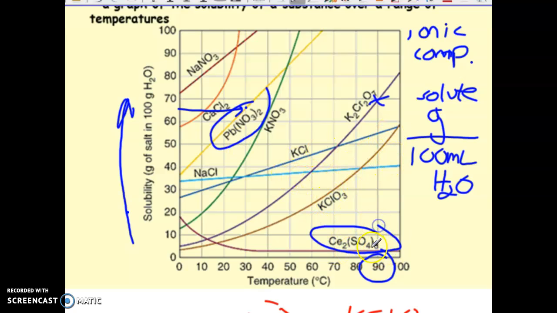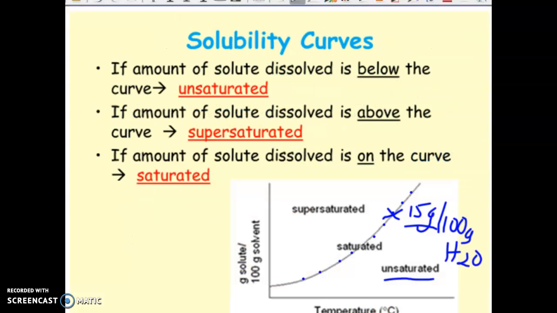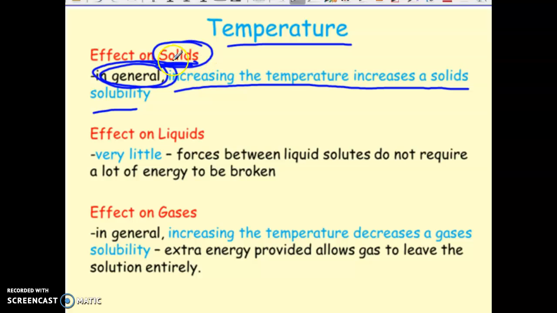Okay, however, there is an ionic compound here that is actually decreasing in solubility. So be careful. Anytime we're talking about trends, there are always going to be exceptions. So in general, yes, if we increase the temperature of the solvent, the solid solute will be able to dissolve easier or more.